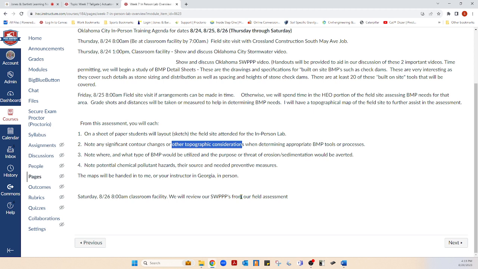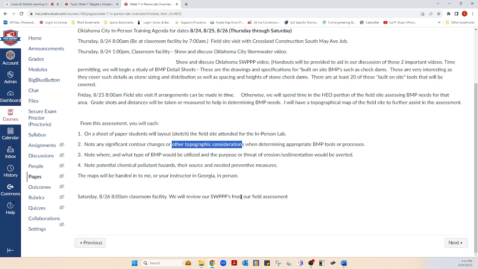You may go over the process for obtaining a permit, which we haven't really gone over yet, which is not an easy process. You have to file a notice of intent that you're going to do some construction at the site, and you have to pay them a little money.